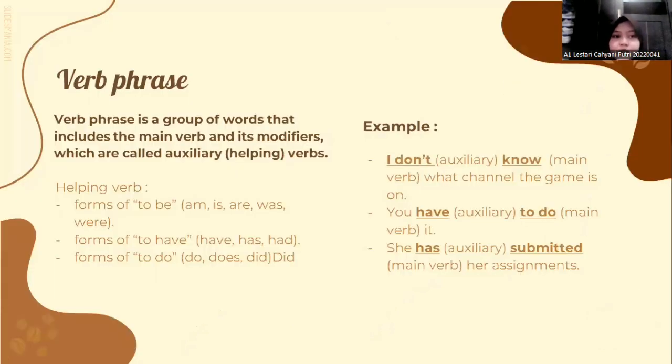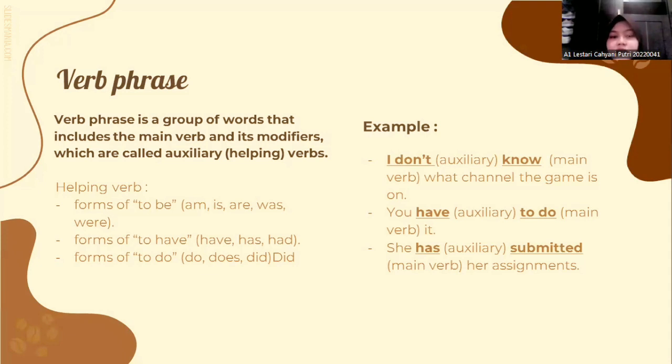Okay, and the next chapter is verb phrase. Verb phrase is a group of two or more words that includes the main verb and its modifier, which are called auxiliary or helping verb. So the verb phrase is a group of words that have the main verb and its modifier in the sentence.